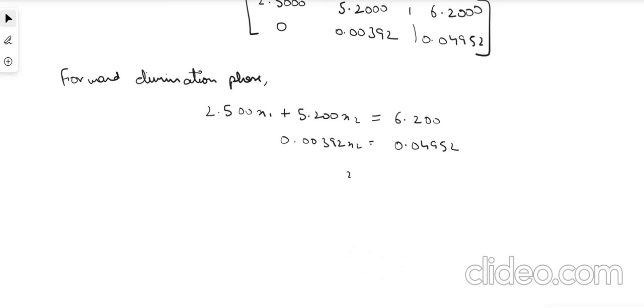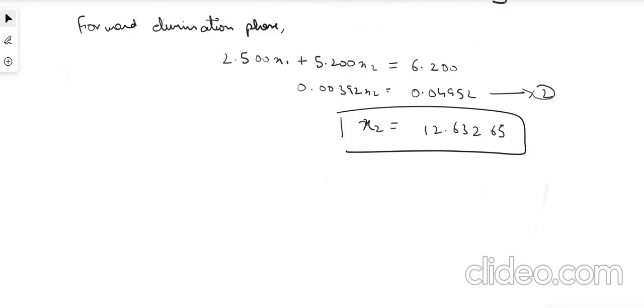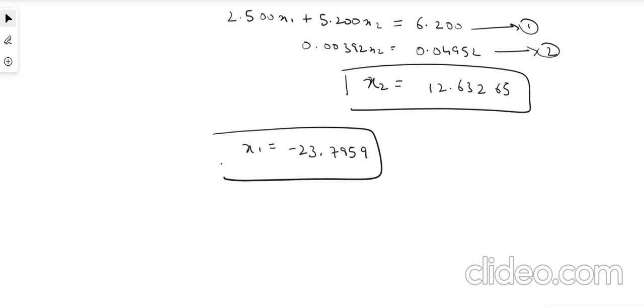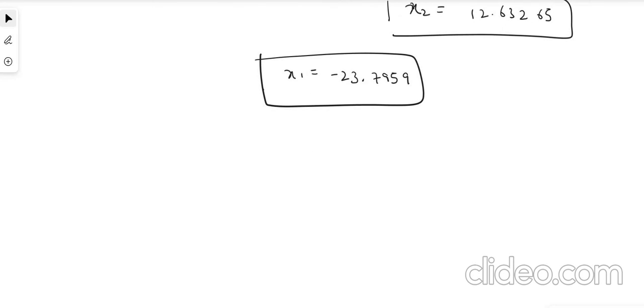Solving the second equation, we get the value of x2 equal to 12.63265. Now putting the value of x2 in the first equation, we get the value of x1 equal to minus 23.7959. These are the values for case 2.